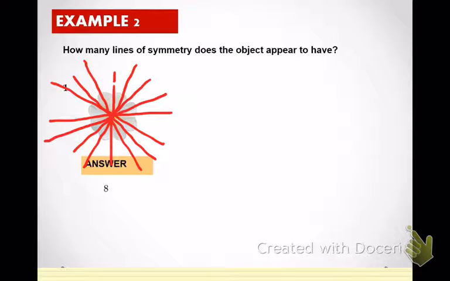There are 8 lines of symmetry in that petal figure. So you fold along the gaps between the petals, and then you fold along the center of the petal, and you have your lines of symmetry.